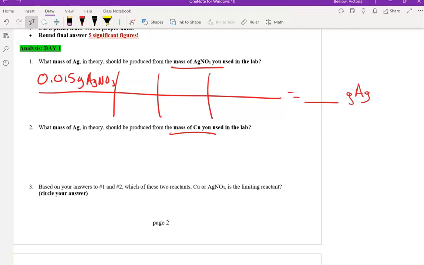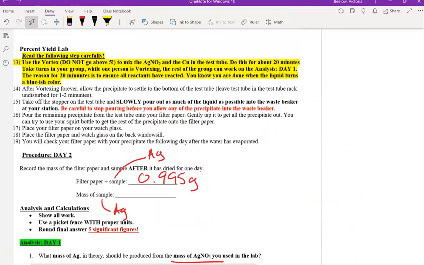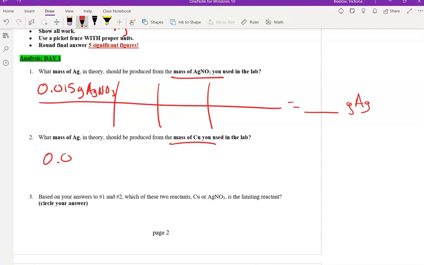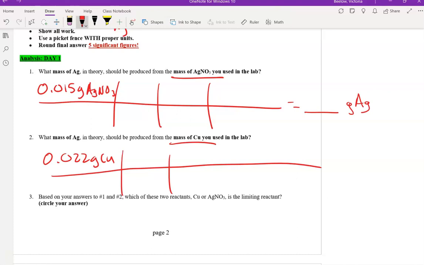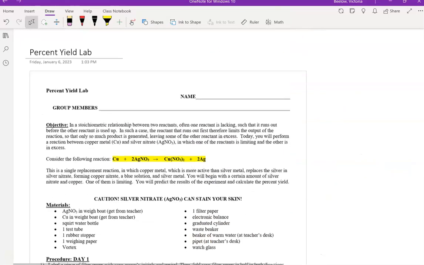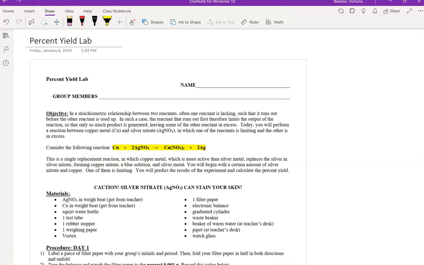And then you want to do the same thing for the copper. So 0.022 grams of copper. And you want to convert that into grams of silver. And you will need to use the balanced chemical equation that's provided at the top here.